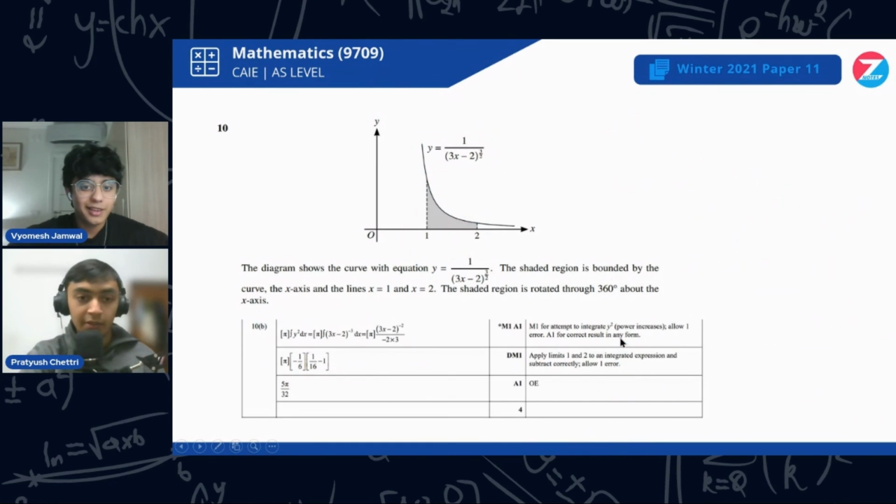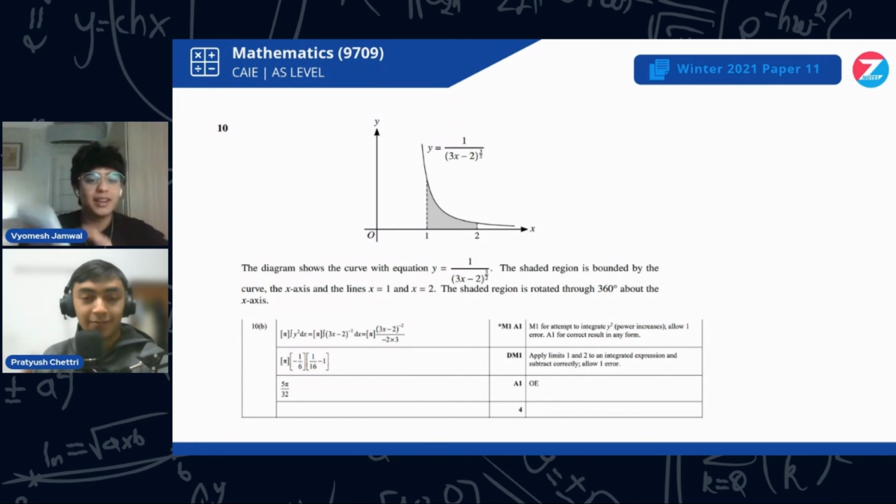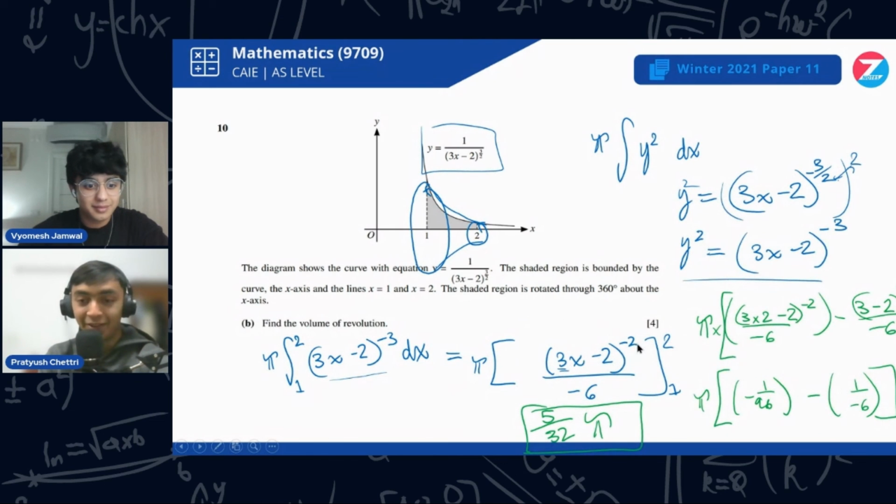Yeah. You know what's kind of funny? These answers do look odd. I did the entire calculation in one line on my calculator and got 5 upon 32. Flex, but no. Did you use the calculator, or did you do that algebraically? Oh no, calculator.